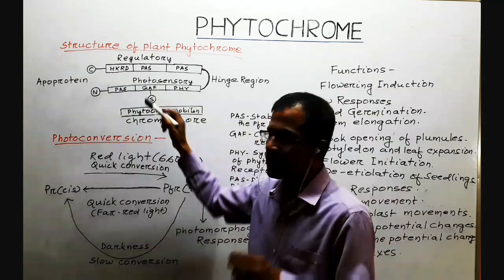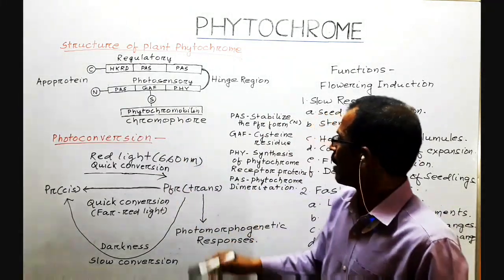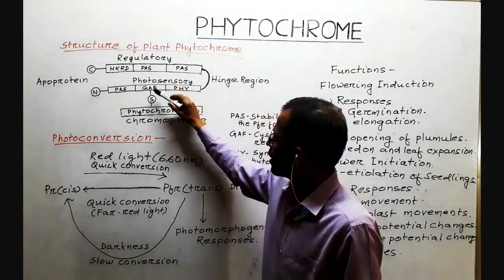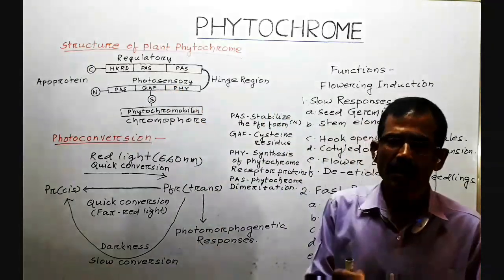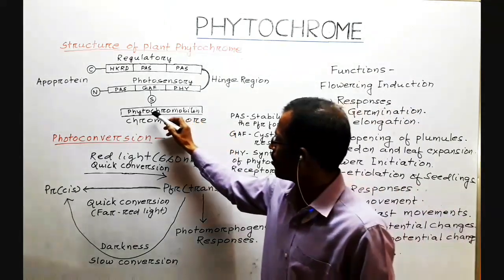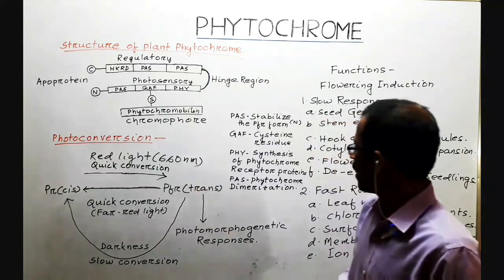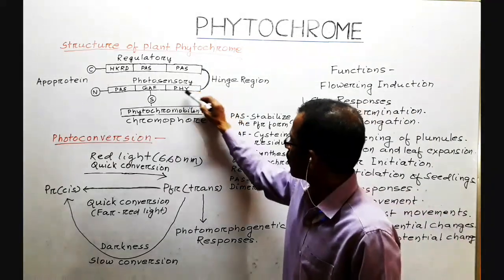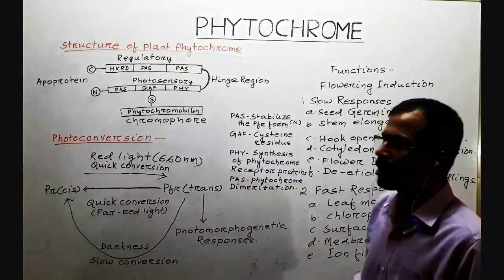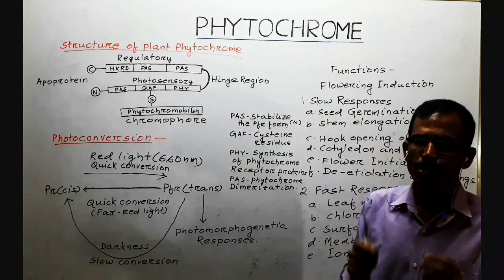The PAS domain stabilizes the Pfr form of phytochrome. The GAF domain contains a conserved cysteine residue with which the bilin chromophore is associated by a thioester linkage, and the PHY domain participates in the synthesis of phytochrome receptor proteins.